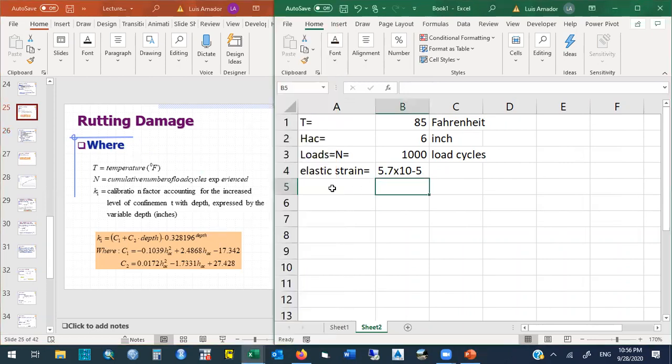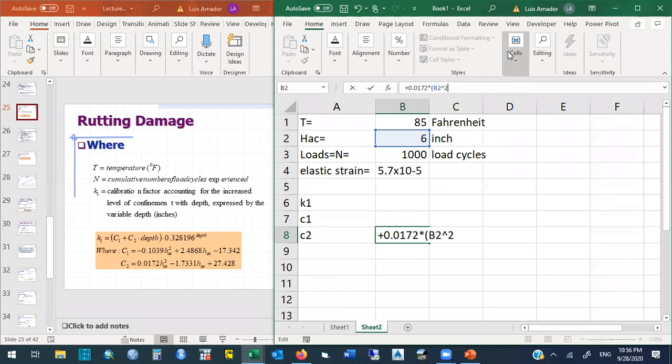So I'm going to estimate the K1. I need C1, I need C2. So C2 is going to be 0.0172 times the thickness squared, minus 1.733 times the thickness, plus 27.428.